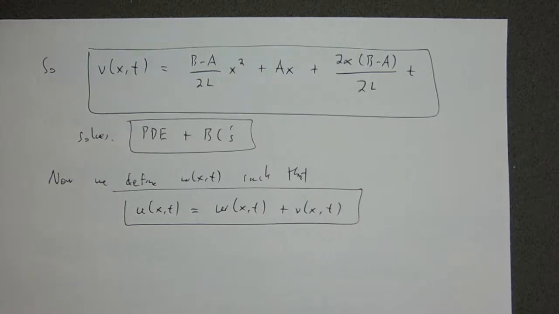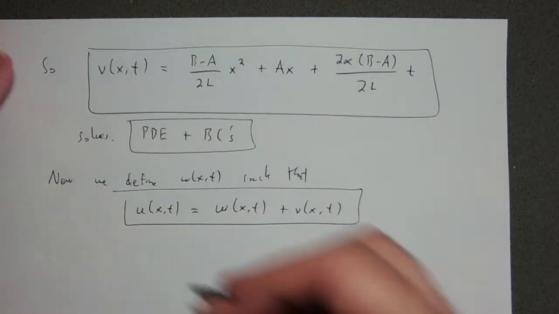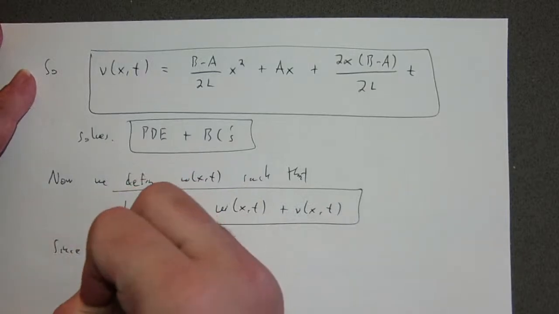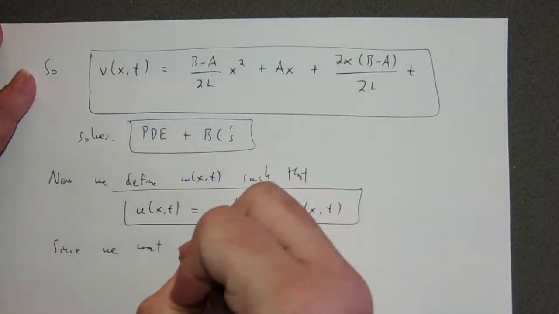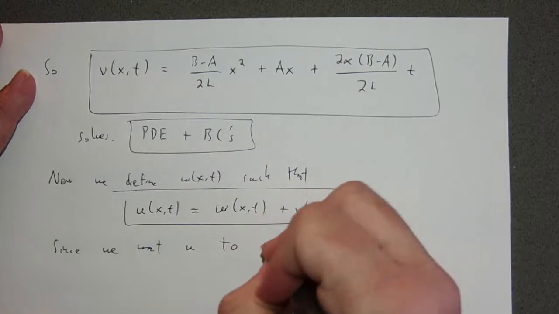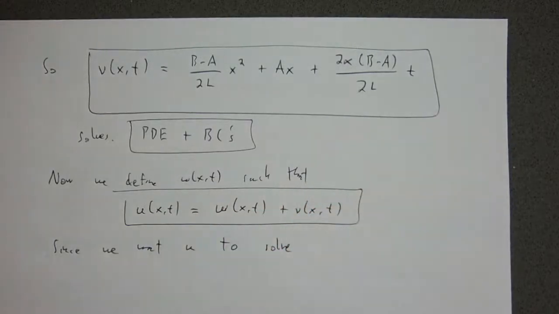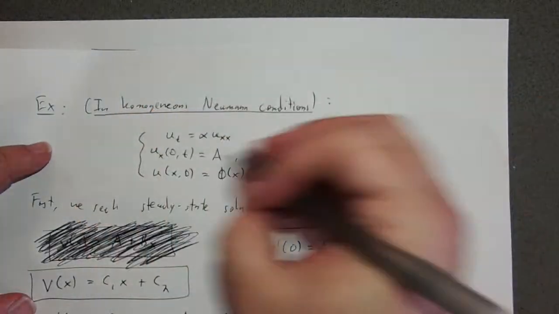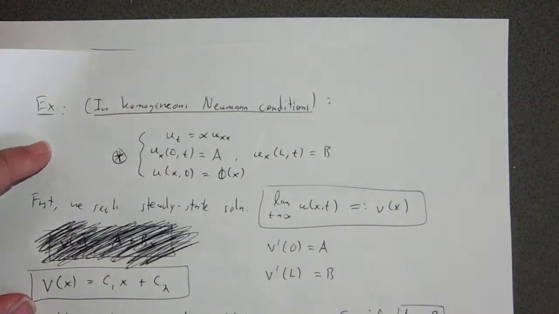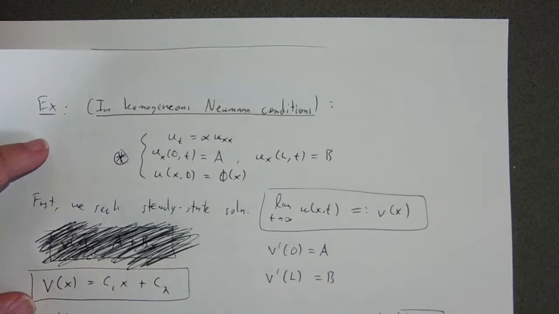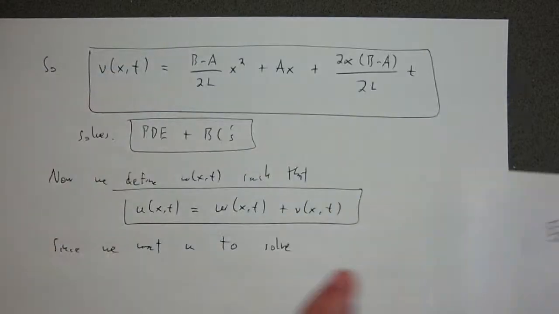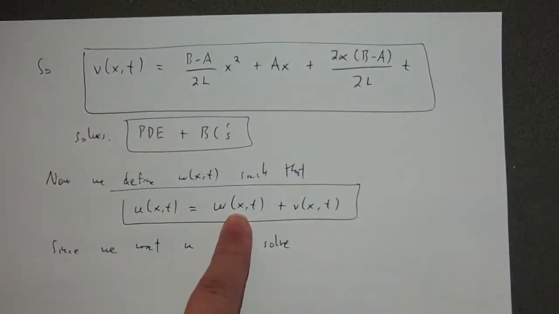And since we want this u to solve, I'm going to put the equation back on the camera here. So we want it to solve this thing. This was the thing we were trying to solve. Then what should this w solve?